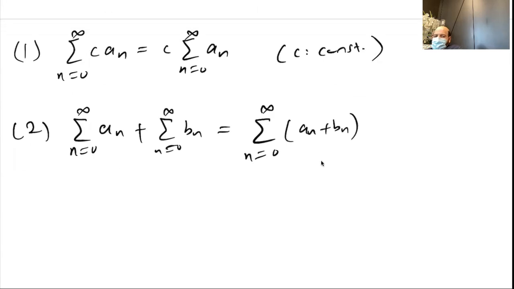But we don't have this property for products. For example, the sum of a_n times the sum of b_n cannot be written as the sum of a_n b_n. So this is valid only if you have an addition here. And of course, subtraction is okay as well, because if there is subtraction, we can take the subtraction inside.